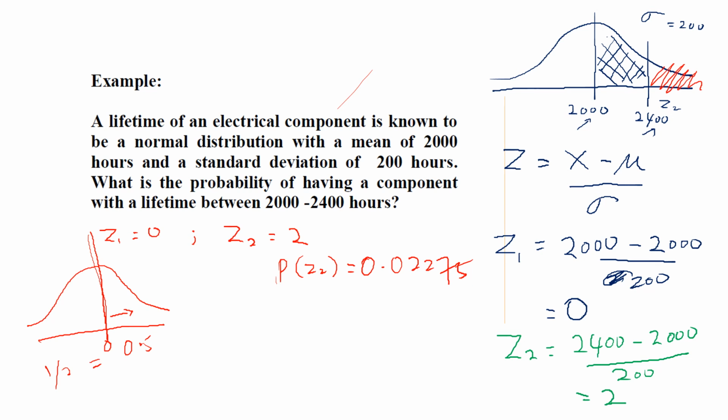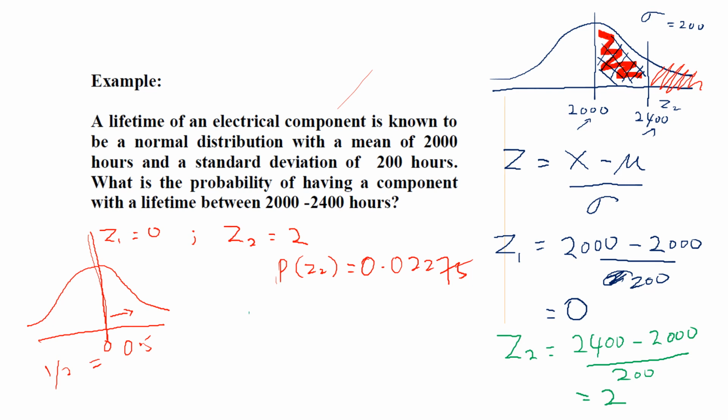If we want to find this area, the probability on the right side is 0.5, and the tail here is 0.02275.